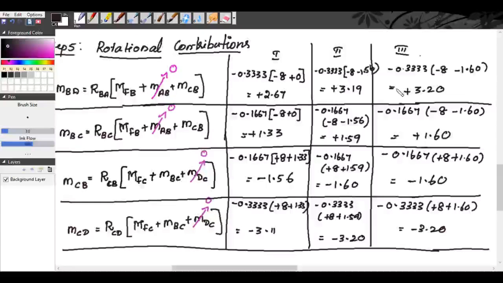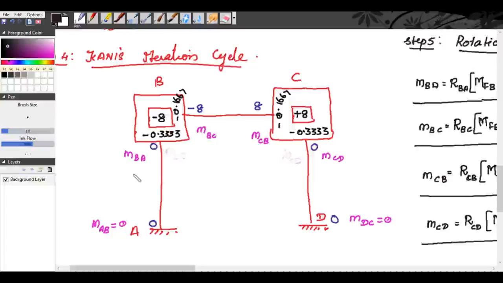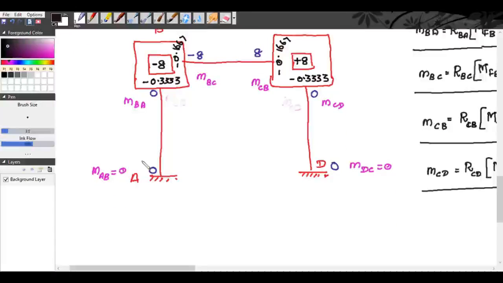So 3 iterations. These values for iterations 1, 2 and 3, we will write in our iteration cycle. The values for MBA are plus 2.67, plus 3.19, plus 3.20. The values for MBC are plus 1.33, plus 1.59, plus 1.60.